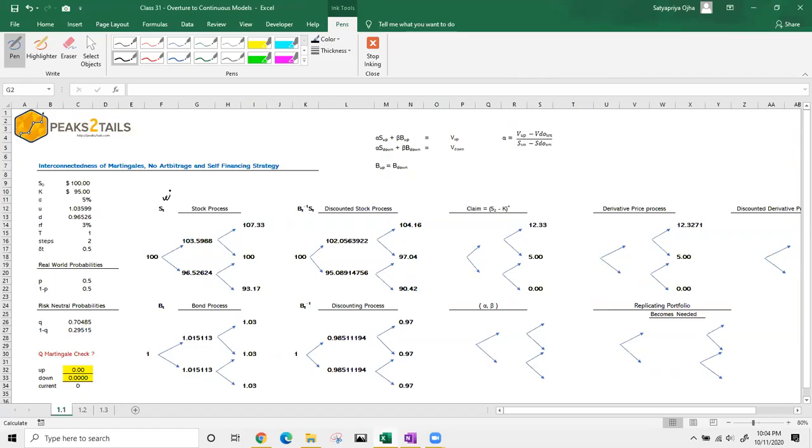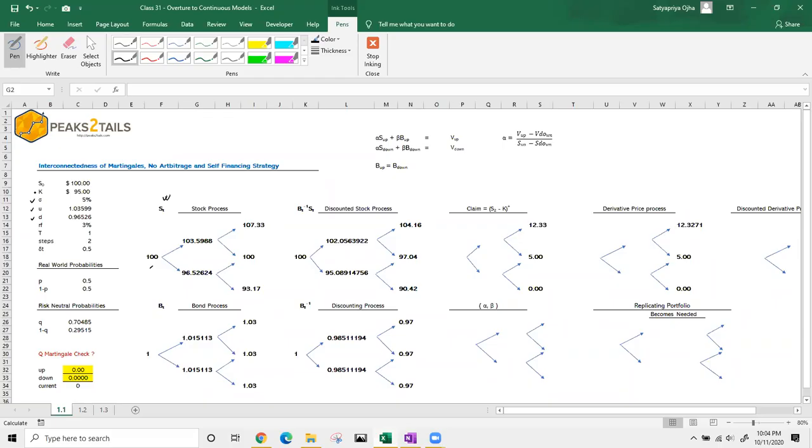So this is the stock process, and today the stock price is at 100. In your model you have calibrated the up move factor and down move factor from the asset's sigma: e to the power sigma square root of dt, and e to the power minus sigma square root of dt. That is how we have calibrated u and d.